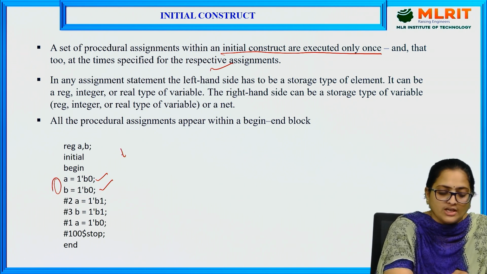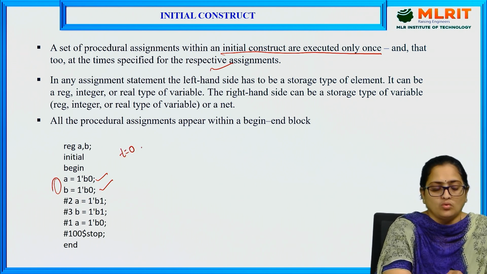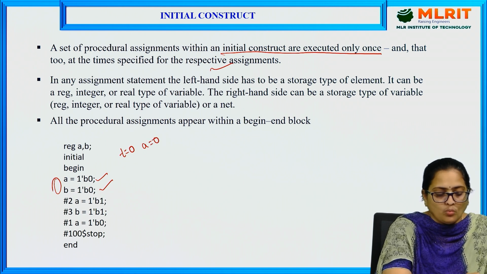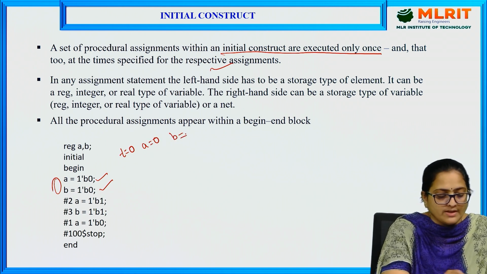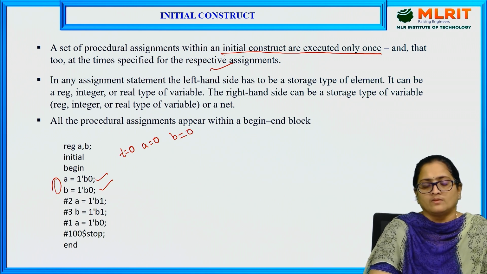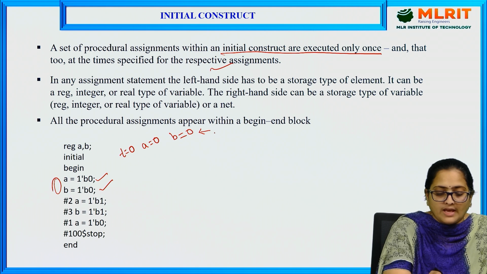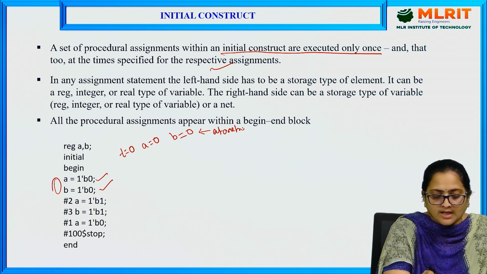So, initially at time t is equal to 0, A value will be assigned a 1-bit binary value of 0, and B value will be assigned a 1-bit binary value of 0. So, this statement will be executed only one time.